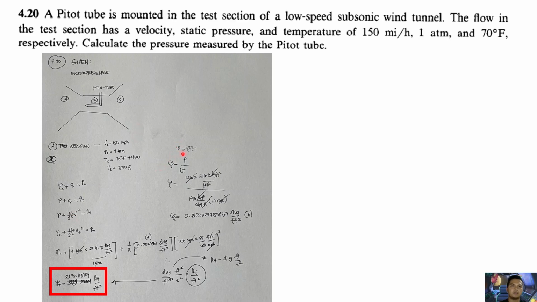However, from the equation of state, meron tayong pressure and temperature. So yung calculation natin to get the density sa test section, we have 1 atm times 2116.8 pounds per square foot over 1 atm, over 1716 foot-pounds per slug-Rankine times 530 Rankine.